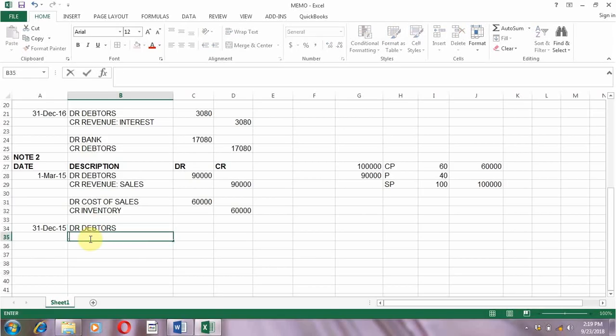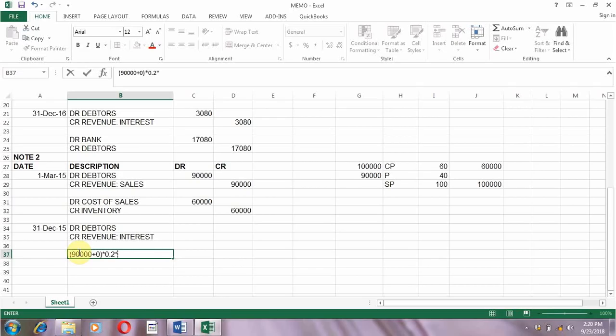Now I will credit the revenue interest. And I need to do a calculation. And the calculation will be the outstanding debt, 90,000 rand, plus the previous interest. I've not calculated previous interest, so it's plus 0. And I'm going to times that by 20.